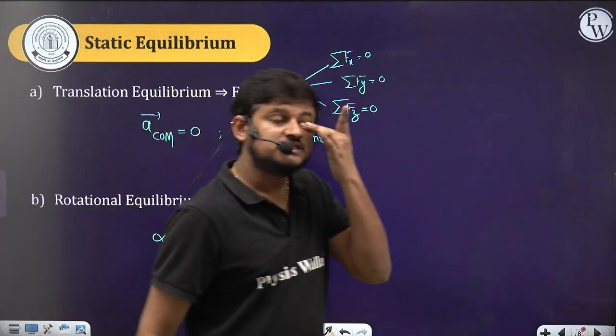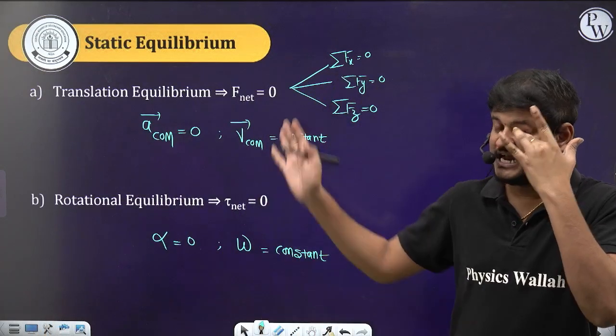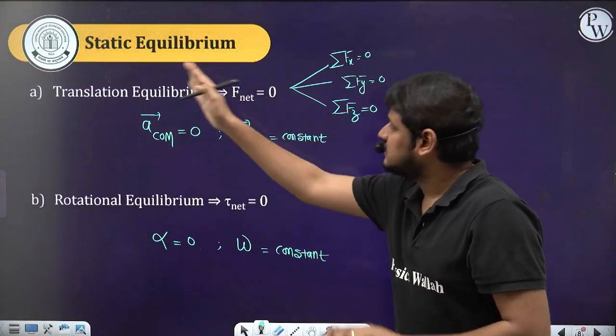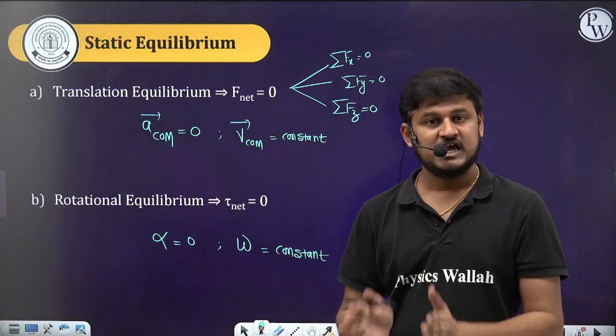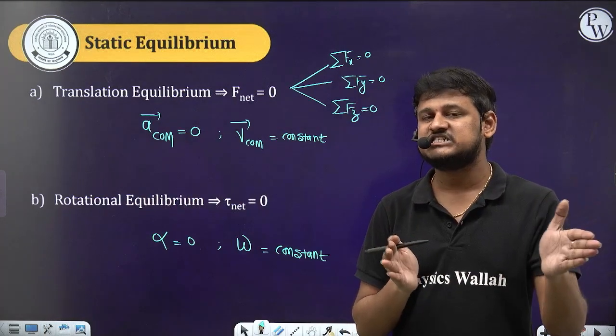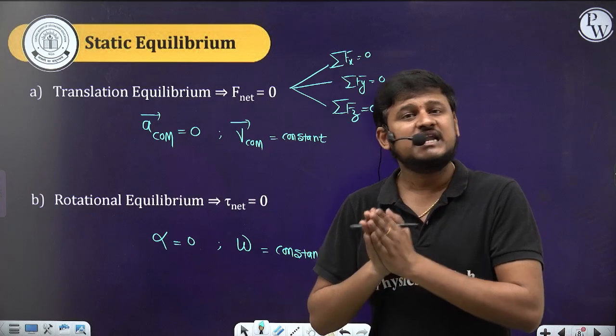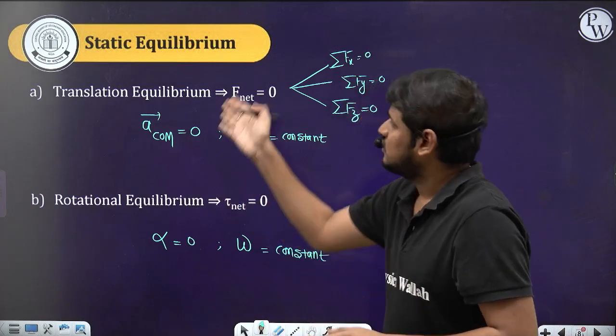A body is said to be in static equilibrium if it is in translational equilibrium as well as rotational equilibrium. If a body is in both translational and rotational equilibrium, then it is said to be in static equilibrium.